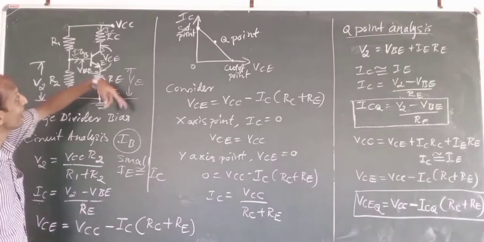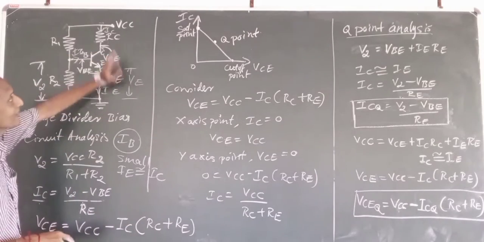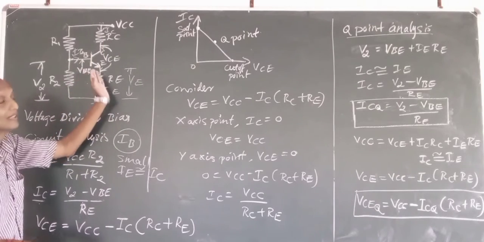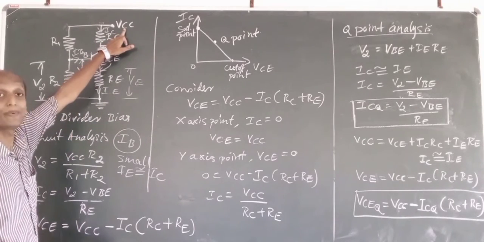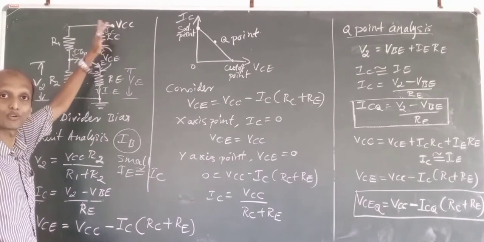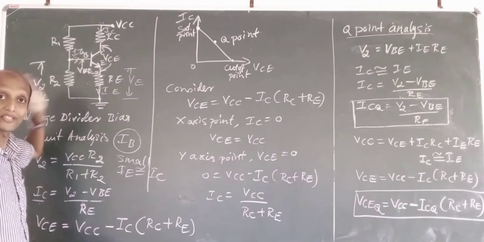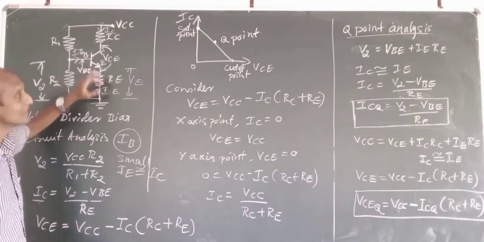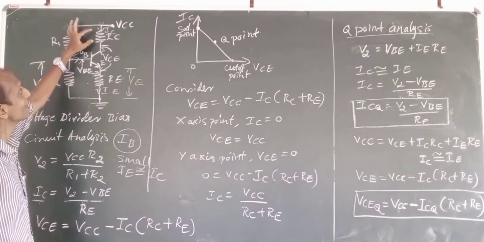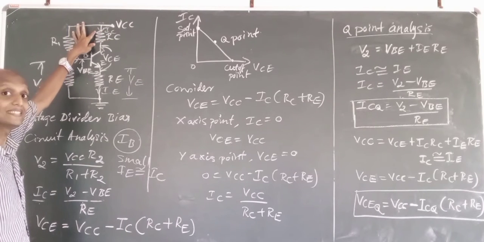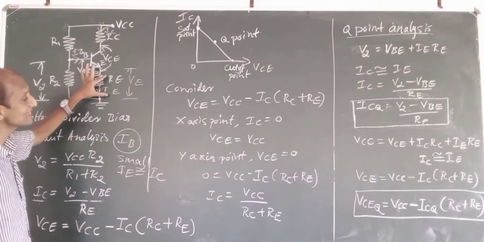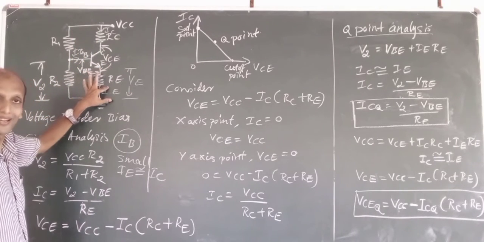Because what is the first equation I can write with Kirchhoff's voltage law? I can write that VCC, the applied voltage, will be equal to the sum of the voltage drops. Three voltage drops will be there. So VCC will be equal to VC, the voltage drop across RC, plus VCE plus VE, the voltage drop across RE.